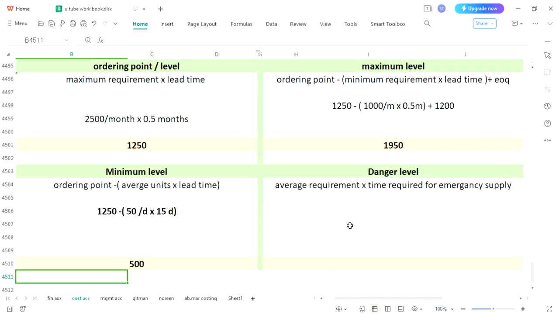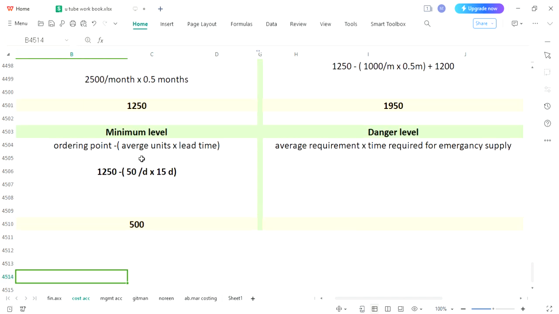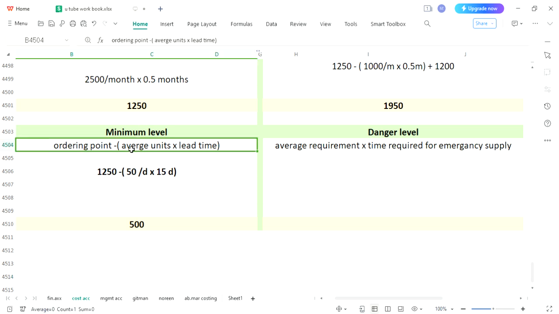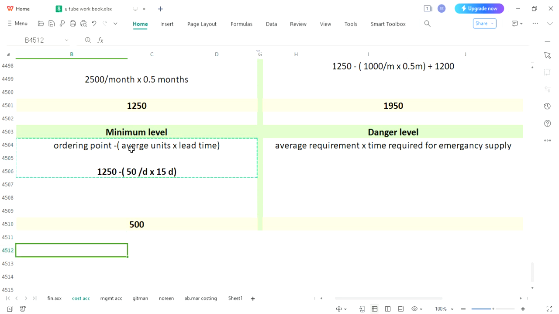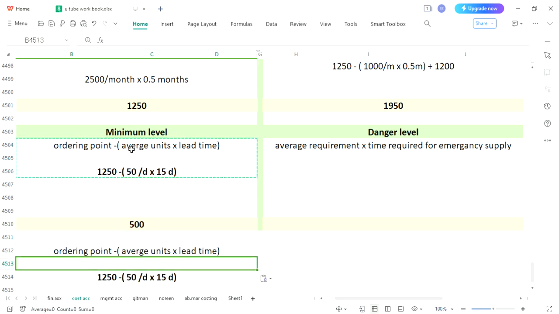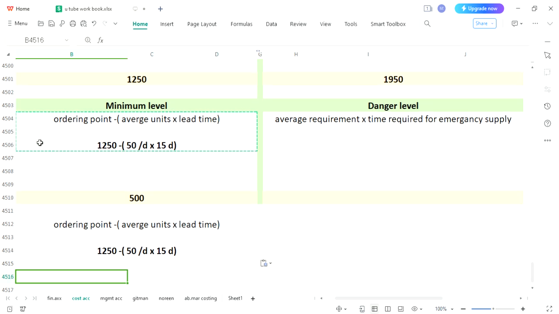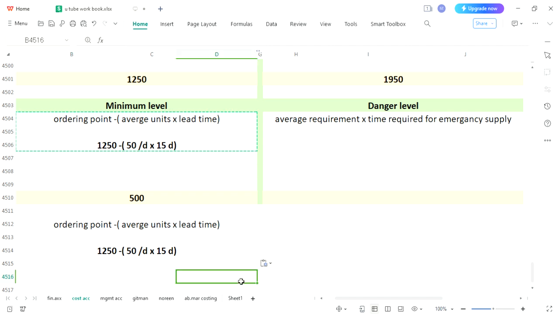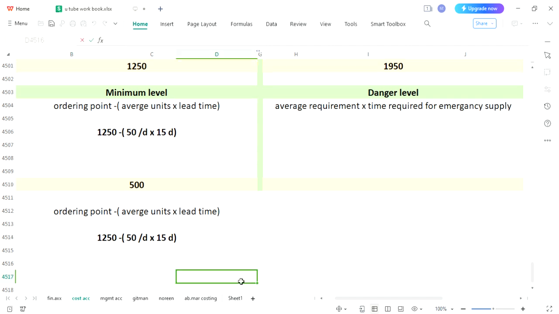So there might be another option for calculation of minimum level, and we can do it over here. Though it's enough if you have calculated it, there is no need to calculate further. Look at here, if 50 units are for 1 day, we can change it and we'll follow.